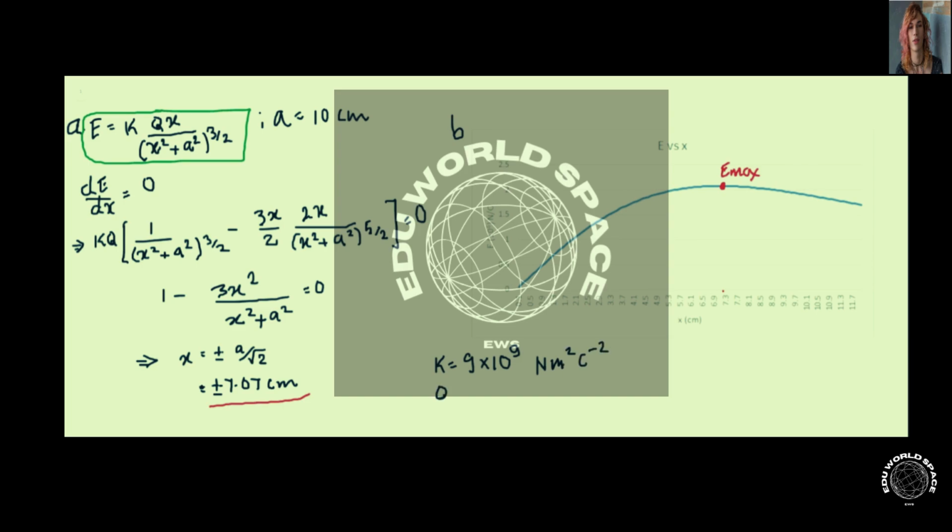And q I have used is 6 microcoulomb, so 6 into 10 to the power minus 6 coulomb. X is variable, and a that I have used is 10 cm, so that is 0.1 meters. Okay, so we are done with part B.